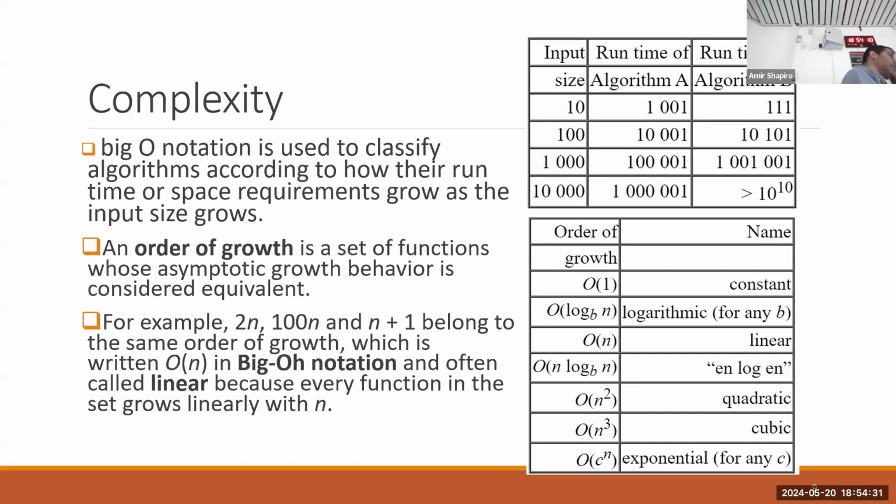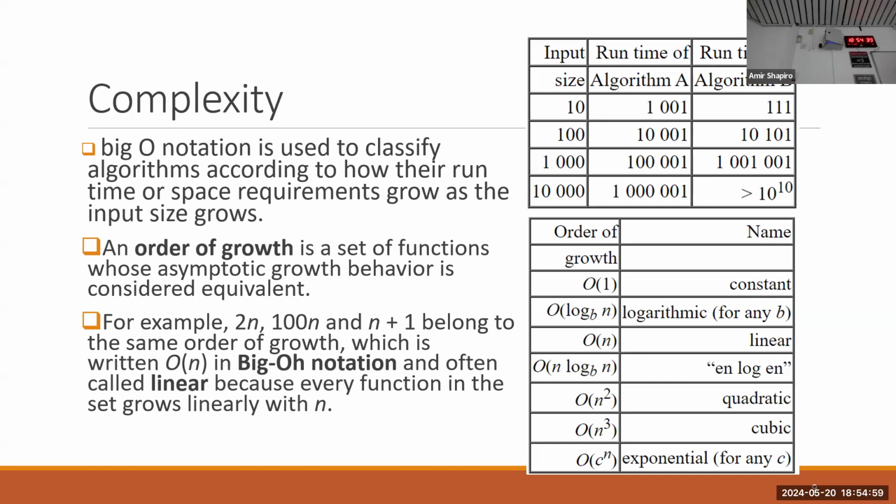In complexity, we talk about the big O notation. It is used to classify algorithms according to how their runtime or space requirements grow as the input size grows. So it's just an order of magnitude.